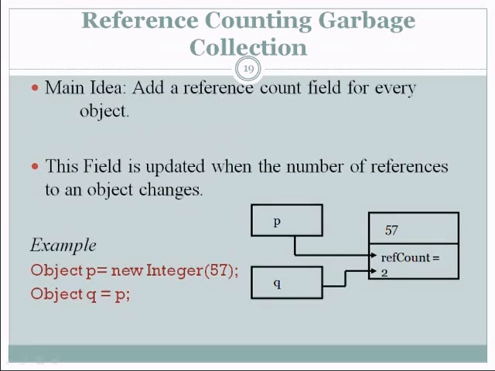Reference count in garbage collection. The main idea of reference count in garbage collection is to add a reference count field for every object. This field is updated when the number of references to an object changes.